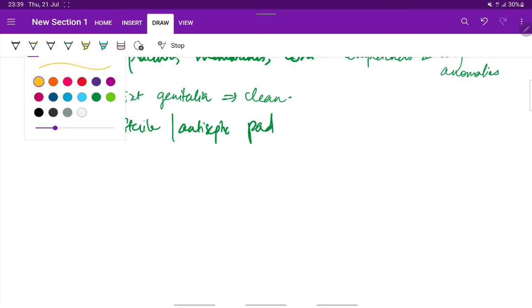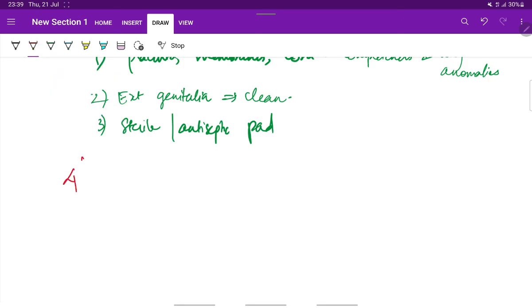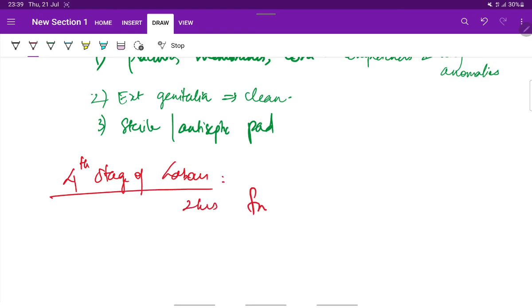Then there is the fourth stage of labor, which is 2 hours from the end of the third stage.